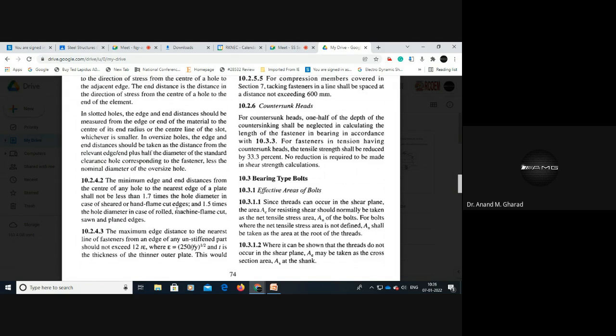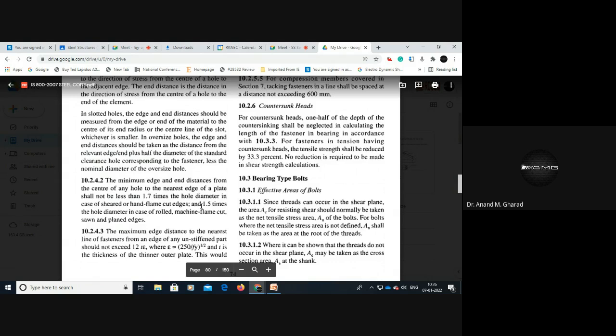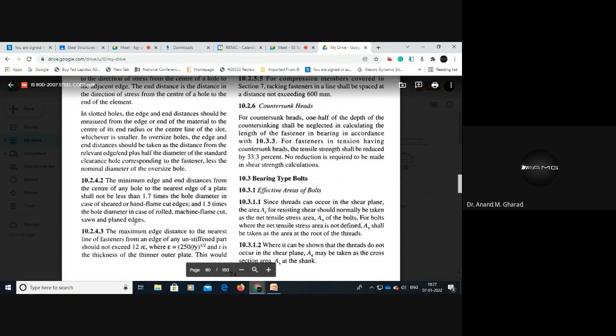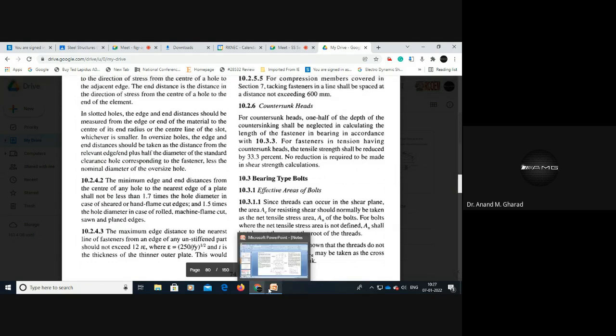So unless and until the edge formation condition is given, you can consider any of these values in order to find out small e, that is the end distance. So we will assume initially 1.5 times the diameter of the hole, unless it is mentioned.